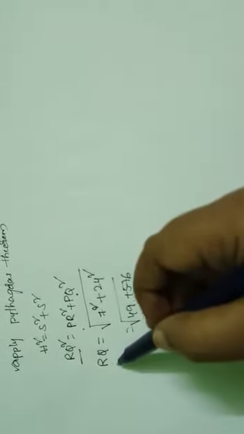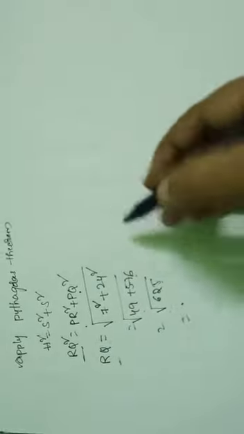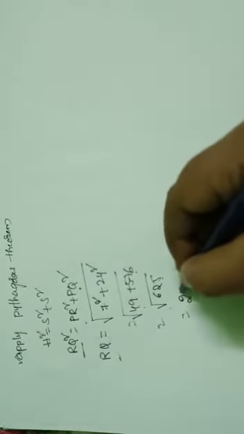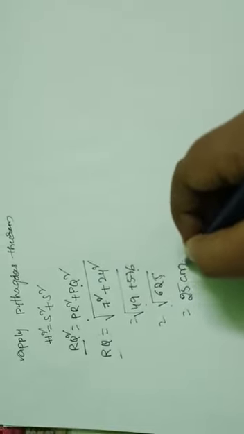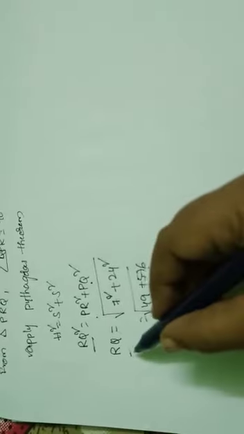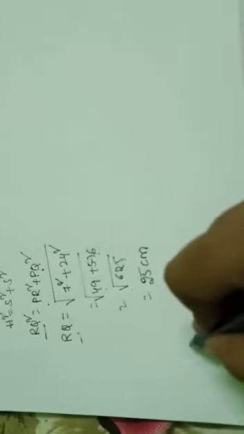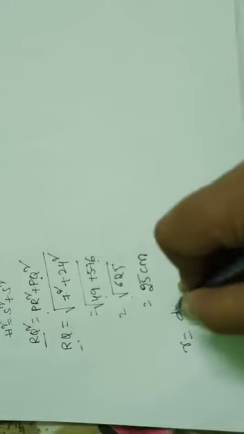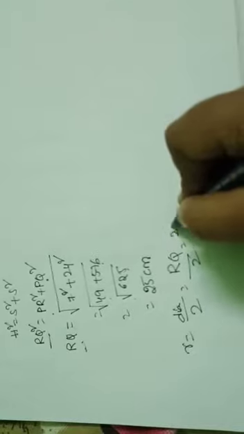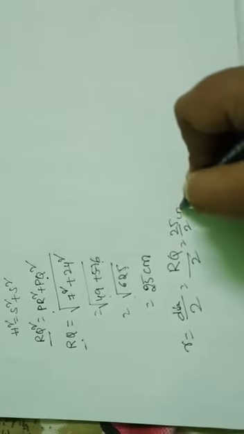Here it is the length of the hypotenuse, and length can never be negative, so take the positive value, 25 centimeters. This is the diameter of the circle. So radius equals diameter by 2, here diameter equals RQ, so RQ by 2. 25 by 2 is the radius. Clear?